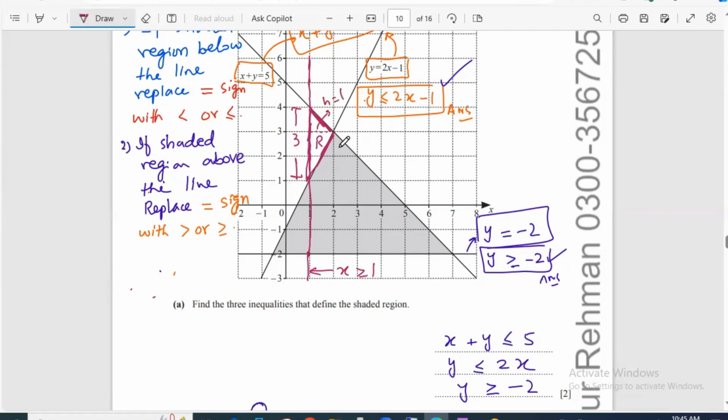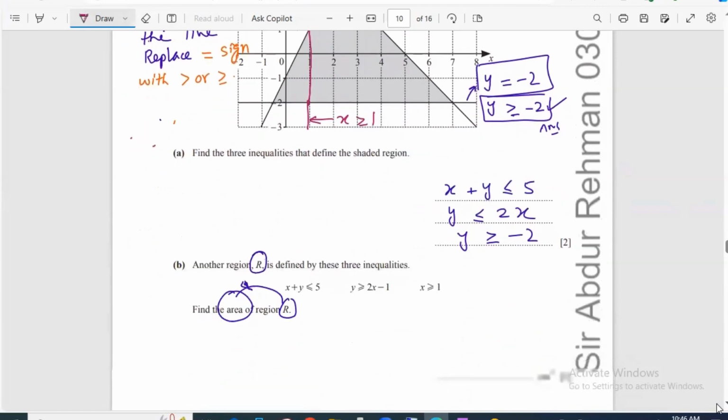So this is the region R because it is under x plus y less than or equal to 5, under this line, and y greater than or equal to 2x minus 1, above this line, and x greater than or equal to 1, the right side. So we have recognized region R, and after recognition, you have to find the area of the region R.